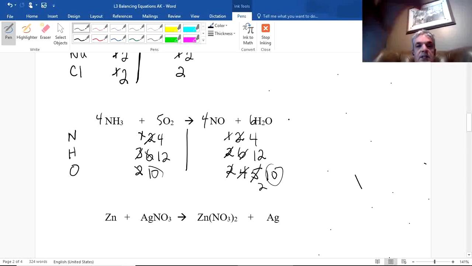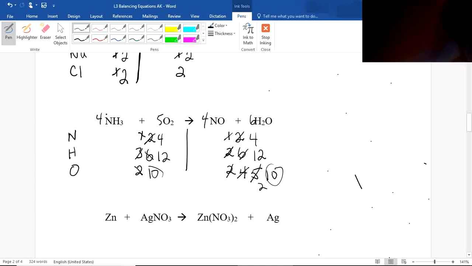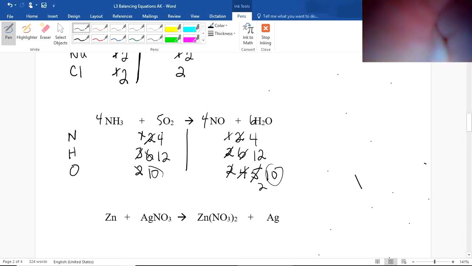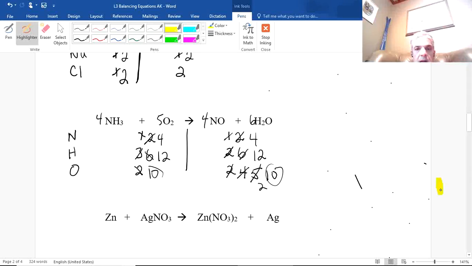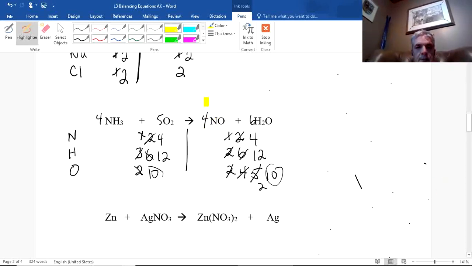So let's just double check. Nitrogens, 4, yes. Nitrogens over here, 4, yes. Okay, 4 right there, nitrogens. Then maybe I'll put my highlighter on so you can see me better. 4 nitrogens, 4 nitrogens. How about my hydrogens? 4 times 3 is 12.